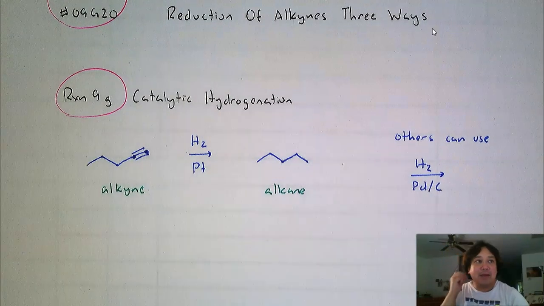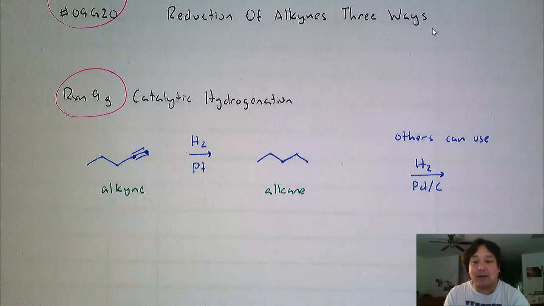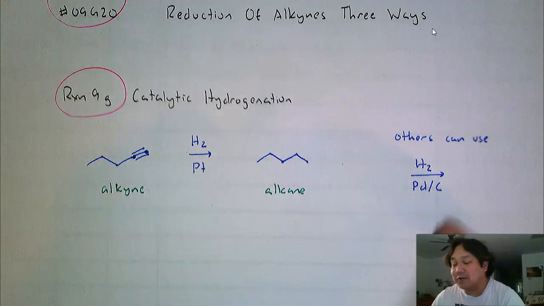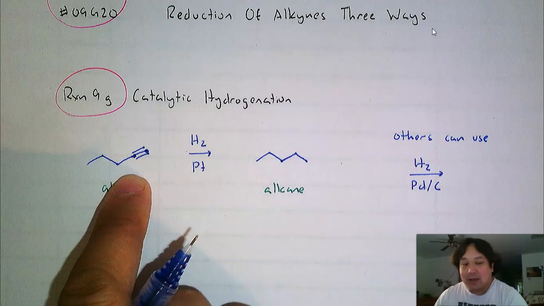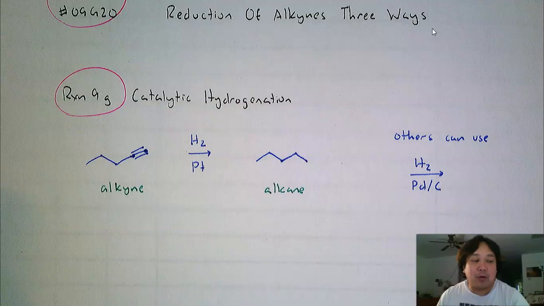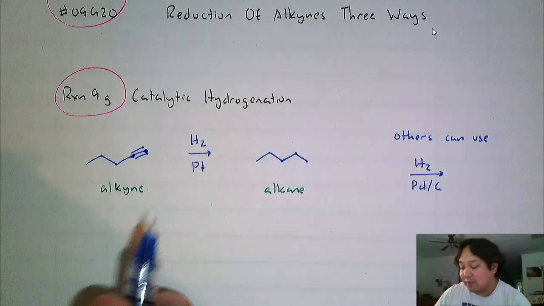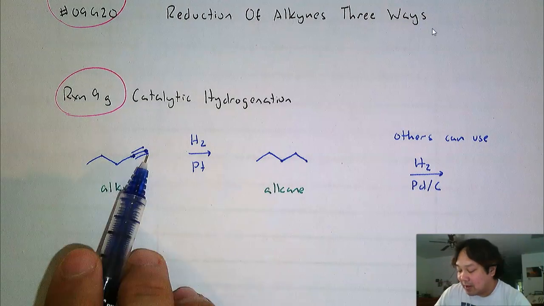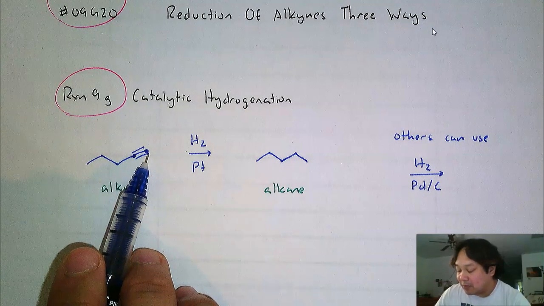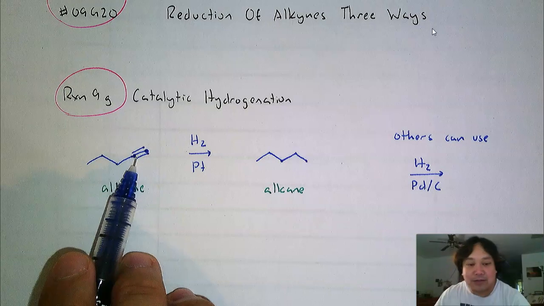So it's palladium coating on or deposited on some carbon. This is also a very good catalyst to add hydrogen. And we are adding 2 equivalents, 2 moles of hydrogen for every mole of alkyne, because we added 4 hydrogens. At the end, we added 2 hydrogens, and here we added 2 hydrogens.